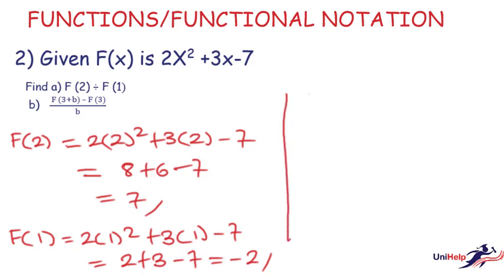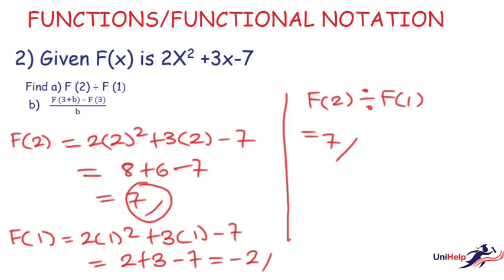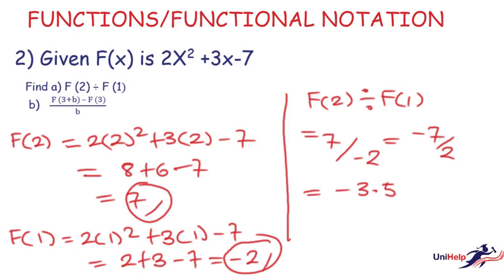That is, f of 2 divided by f of 1 is equal to 7 divided by negative 2, which is equal to negative 7 over 2, or in decimal form, negative 3.5.